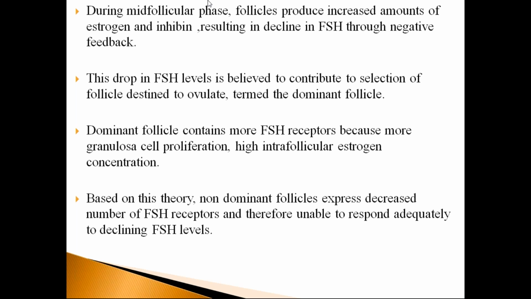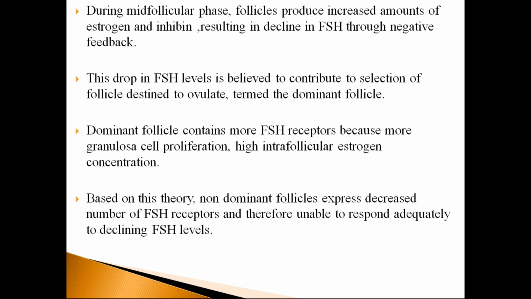During the mid follicular phase, again the follicle produces estrogen and inhibin, which reduces FSH through a negative feedback mechanism. In the early follicular phase, usually the hormones estrogen and inhibin are at lower levels, which increases FSH concentration, and this FSH is responsible for selecting a cohort of follicles.